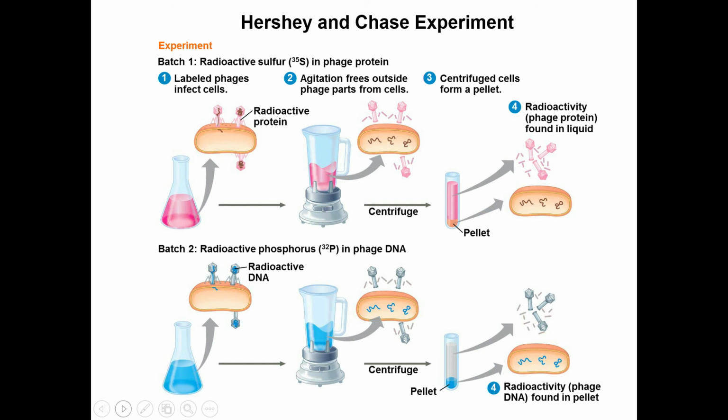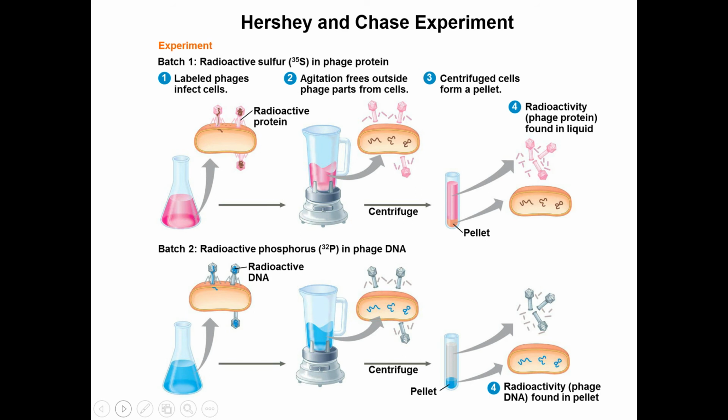They also radioactively labeled the DNA inside the virus with a radioisotope of phosphorus, because you're not going to find a lot of phosphorus in your proteins. You have your phosphate groups in your DNA.